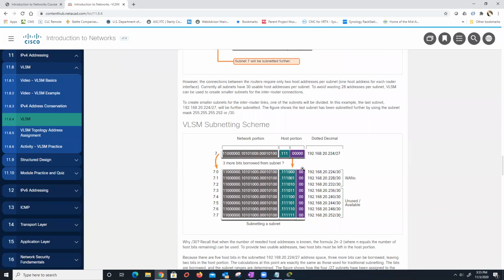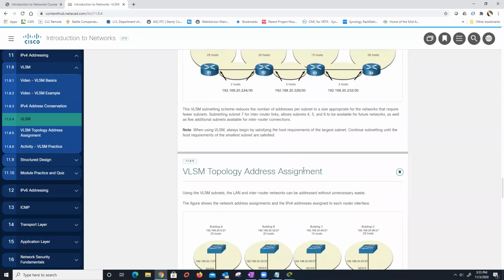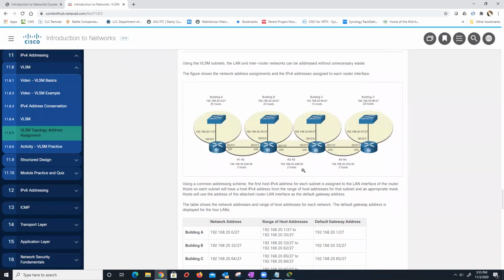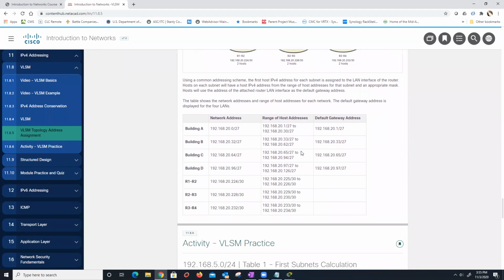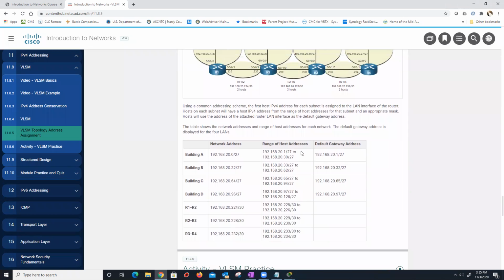I just like the /30s to be low. Most people in the real world do the same. But here's their example of assigning the VLSM. You'll notice they put all the /27s across the buildings here, and the /30s starting with 224, 228, 232 between the point-to-point links. And you end up with those addresses as a completed table.